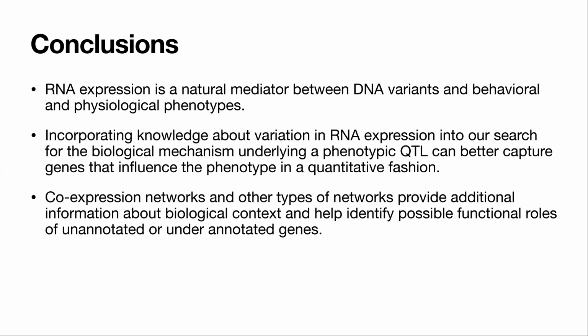And if we would have done it in a fashion where we only looked at a gene by gene basis, our natural human instinct would have been to ignore them completely and just go with the genes that we know. And so this is a way to bring that information in and make sure that we're keeping those under-annotated or unannotated genes on our radar when thinking about what the next functional test is.